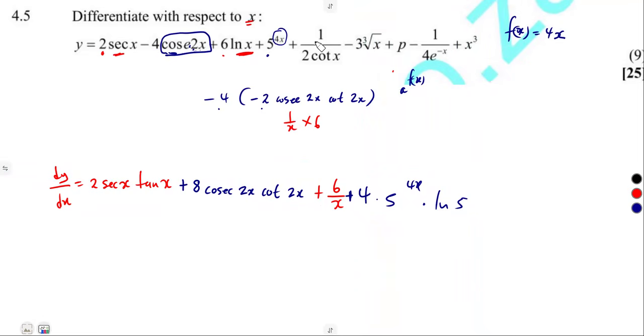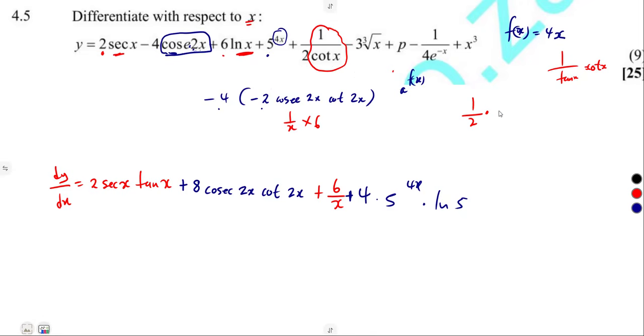We have got 1 over 2 cot, right? So take note, 1 over cot. It's going to be 1 over 2 times 1 over cot. From a tan, 1 over tan gives us cot. 1 over tan x is cot x. So meaning to say 1 over cot is what? Is tan x.